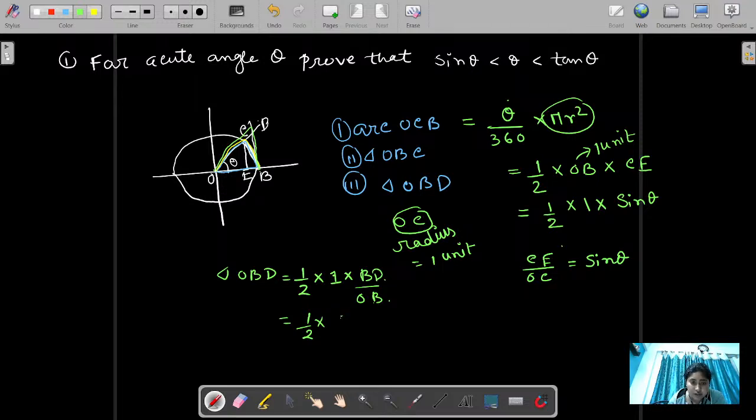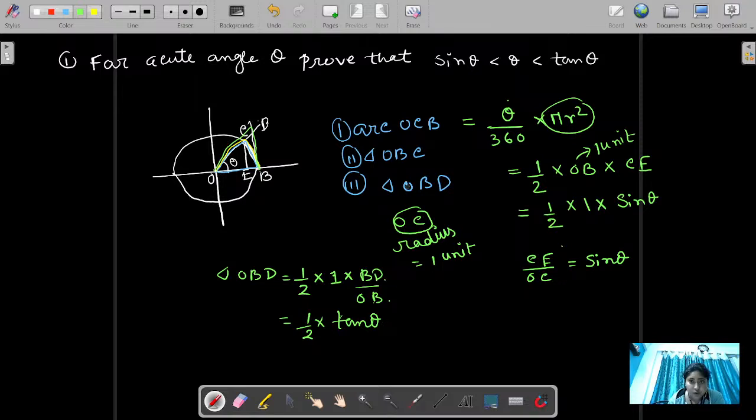BD is the perpendicular, and OB is the radius, that is 1 unit. OB is the base, the adjacent side of theta, and BD is the opposite side of theta. So perpendicular by base means tan theta. From triangle OBC we are getting half into sine theta, and from triangle OBD we are getting half into tan theta.